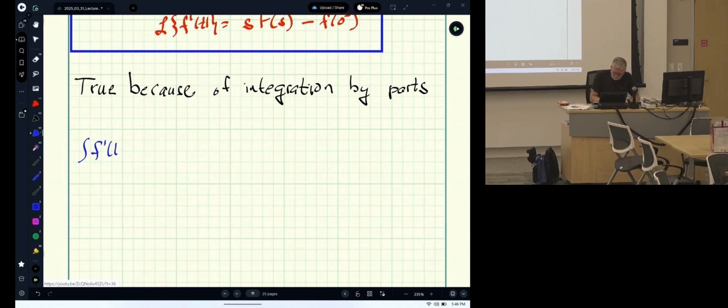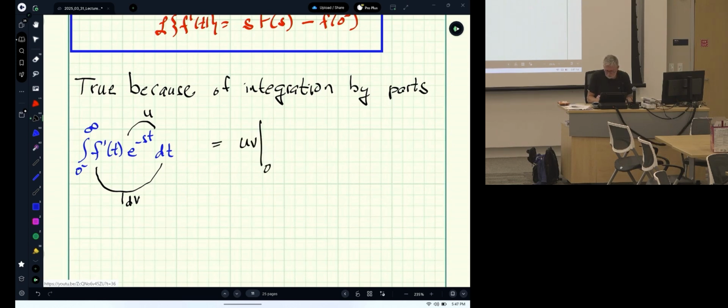Here's the Laplace transform we're talking about. So there's an obvious dv, and there's an obvious u. So remember, this is uv from 0 minus to infinity, minus the integral of v du.